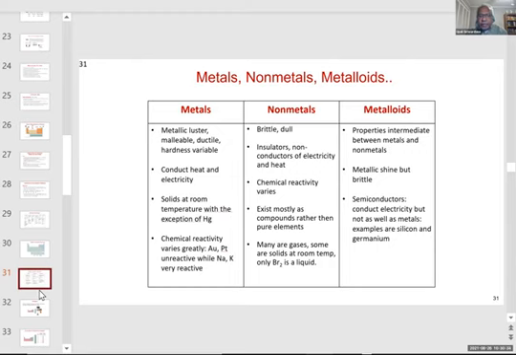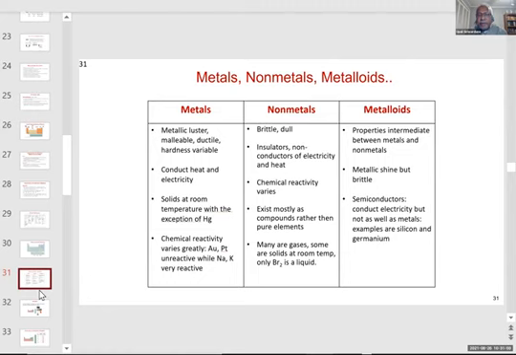So gold is a precious metal because it's used in coins and jewelry. Platinum is also used in jewelry. They are unreactive, therefore they have value as something that will not change, and people make jewelry out of it.